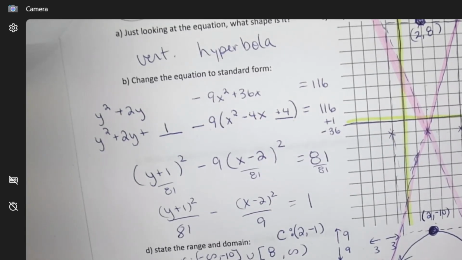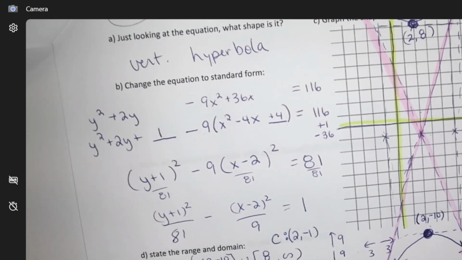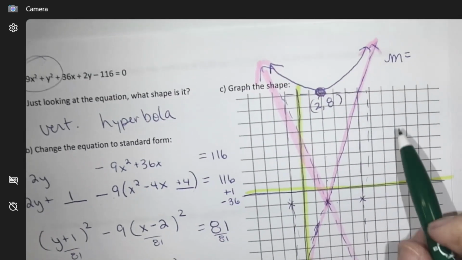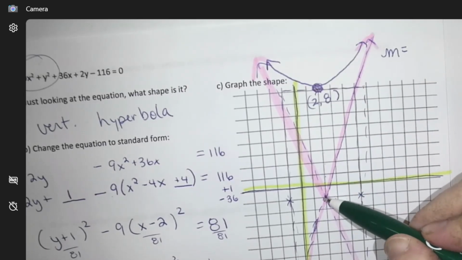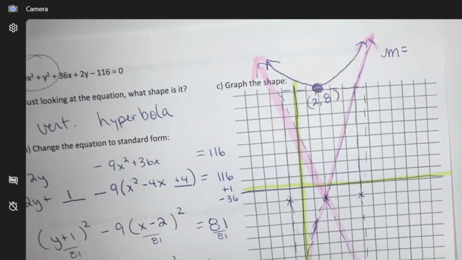A question on your test with this could also be something to do with the asymptote equations. So the slope. So what's the slope of this asymptote? So think about from center, what did you do? How much did you rise and run?